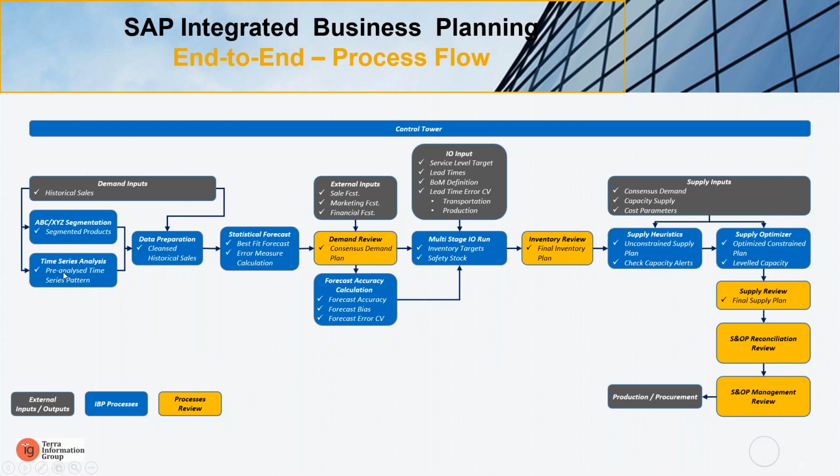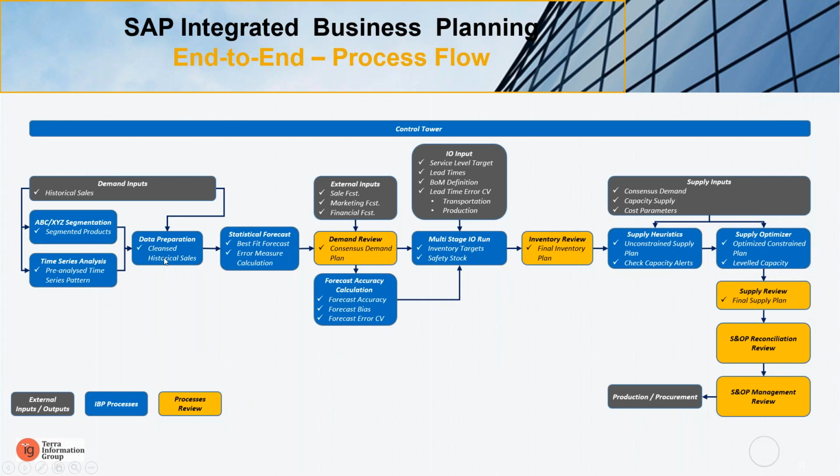It also provides time series analysis, which is a pattern recognition technique that makes it very easy to find out which pattern, whether sales trends or constant sales trends, the particular product, customer group, or product-customer combination, at whatever level we are planning, is following. These are very typical and very important methodologies available within IBP demand planning.